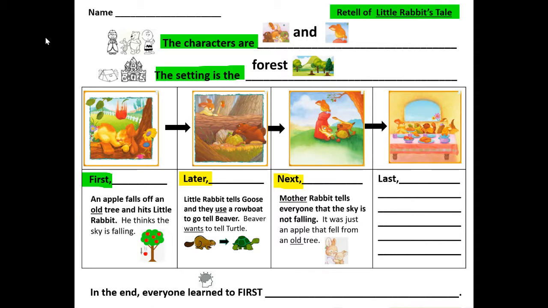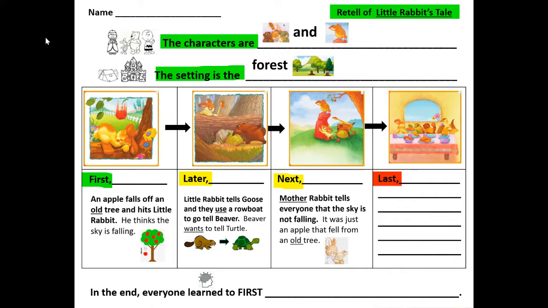It was just an apple that fell from an old tree. So next, Mother Rabbit tells everyone that the sky is not falling. It was just an apple that fell from an old tree.